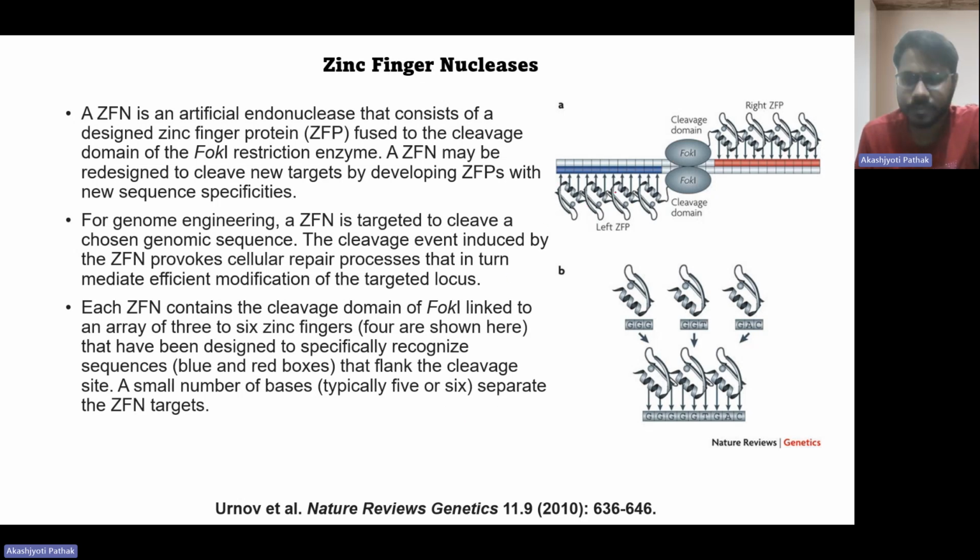This is a zinc finger nuclease. The zinc finger proteins are arranged in tandem repeats, binding to that portion of the DNA, and then fused to the FokI restriction enzyme. This FokI will bind and cleave that portion of the DNA. It is designed to cleave new targets by developing zinc finger proteins with new sequence specificities.